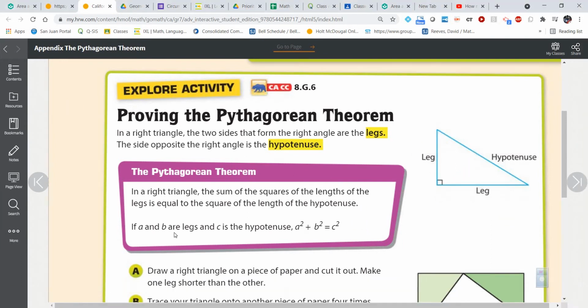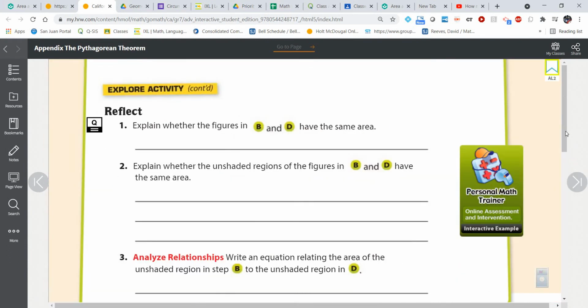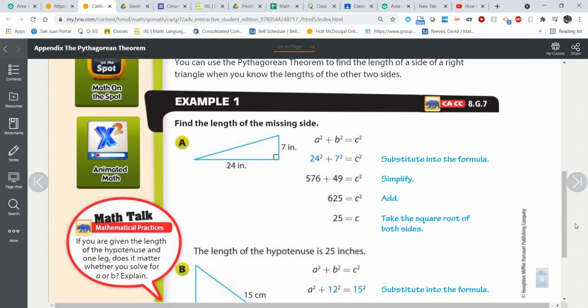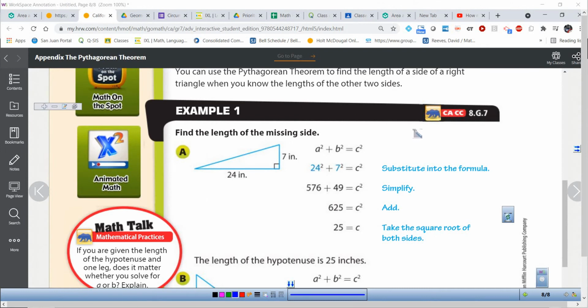For these problems, you're going to want to have a calculator handy, and you're going to need to know how to find the square root. Let me write this down. If A squared plus B squared equals C squared, and you want to know what C is, then you take the square root.